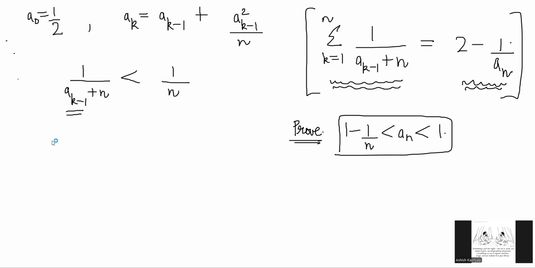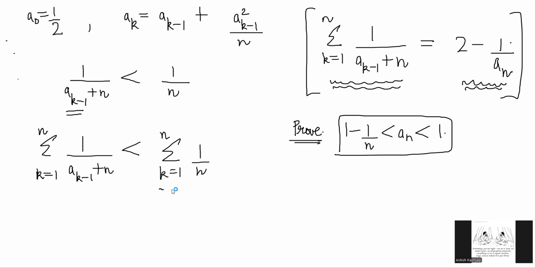So when you add up, k goes from 1 to n, this thing will be less than the summation k goes from 1 to n of 1 over n, right? What is the value of this sum?